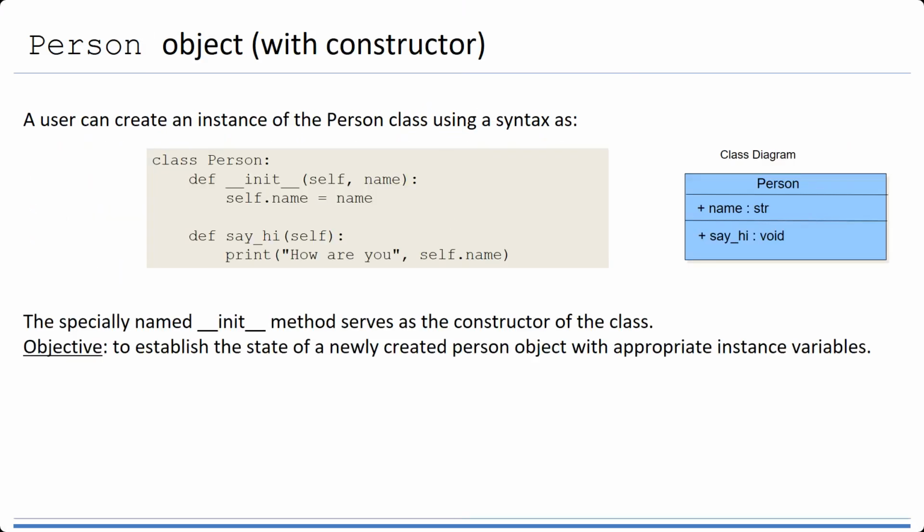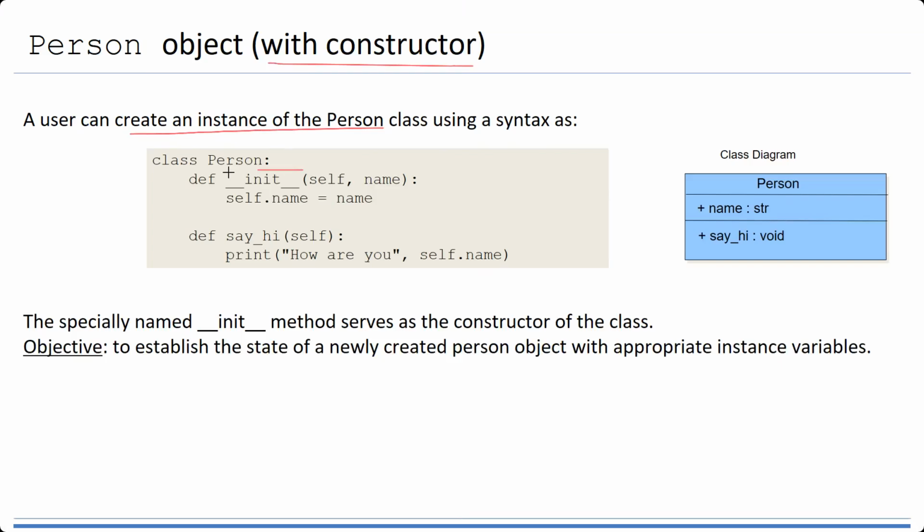Now, when we look into the class, there can be a class with a constructor. So when we create a class with a constructor, it means we want to create an instance of the person using a constructor.